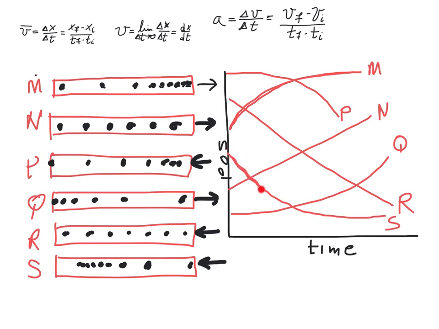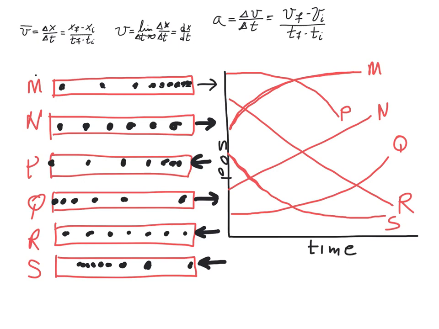So the position is getting less, so it has to be in the negative direction, and that means it's moving this way. And so it starts with a big velocity, and that velocity gets smaller and smaller until it reaches 0.